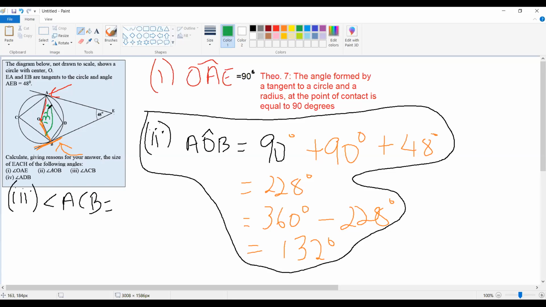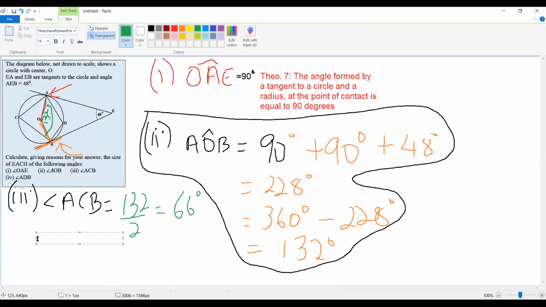Right. And the rule says that the angle at the center of a circle is twice the angle at the circumference once it's standing on the same arc. So if this is 132, then this is 132 divided by 2, which is 66 degrees. So I'll put the theorem here.